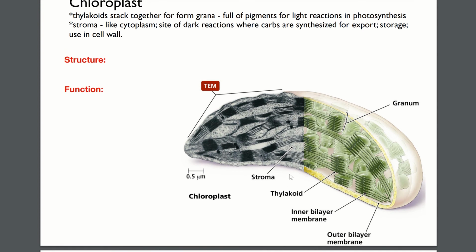And a thylakoid is one of these small green pancake-like structures, just a single layer, whereas granum is an entire stack of thylakoids. What do they do? Well, the chloroplast just captures light energy and makes sugar from it.